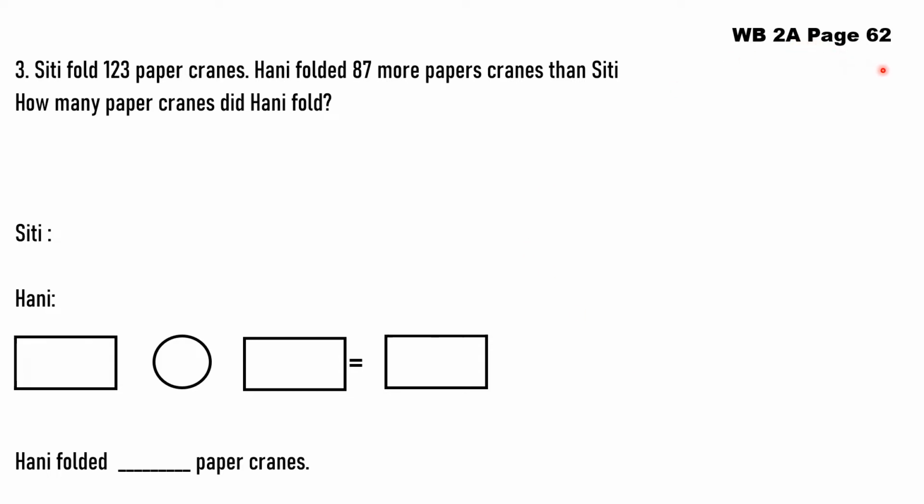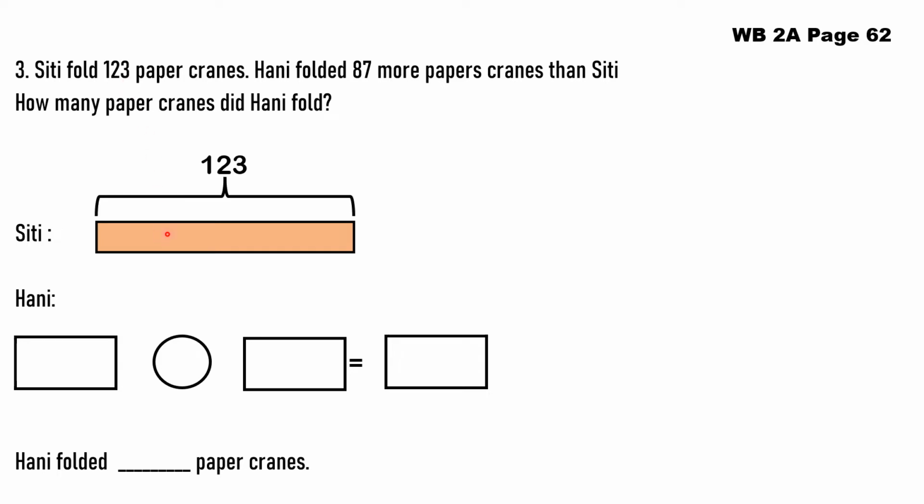Now, let's go to page 62 where you see the question for question 3. City folded 123 paper cranes, and Honey folded 87 more papers than City. See there, 87 more papers than City, which means it is behind 123 since it says more than.